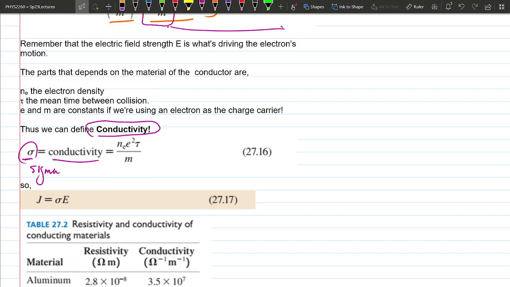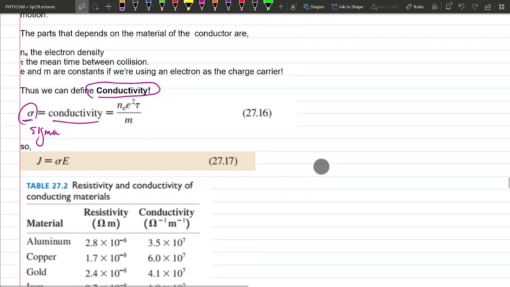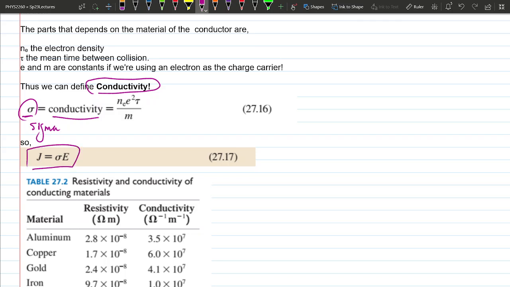So on the other end, you end up with a very simple equation: the current density is just the conductivity times the electric field. That's nice. Three variables I can always deal with; it's when you get to six or seven that things get hairy.